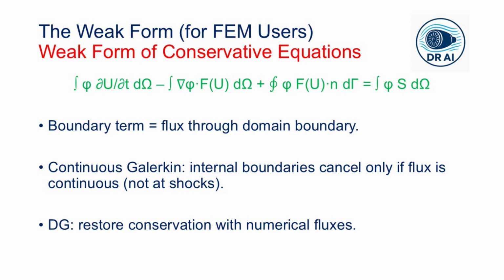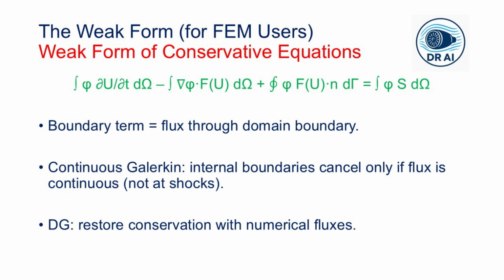Now, if you use the continuous Galerkin or the standard FEM method, the test functions are continuous across the element boundaries, and the internal boundary terms cancel only if the flux is continuous, which it is for smooth flows. But for shocks, the flux is not continuous and the cancellation fails. That is why standard FEM struggles with shocks.